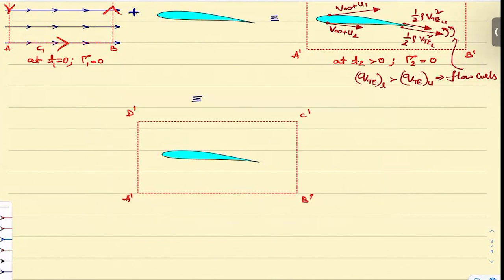Can we go ahead now? Yes, sir. So what it does is it creates the curl. The fluid from the lower surface will curl to the upper surface like this and form something of this sort.